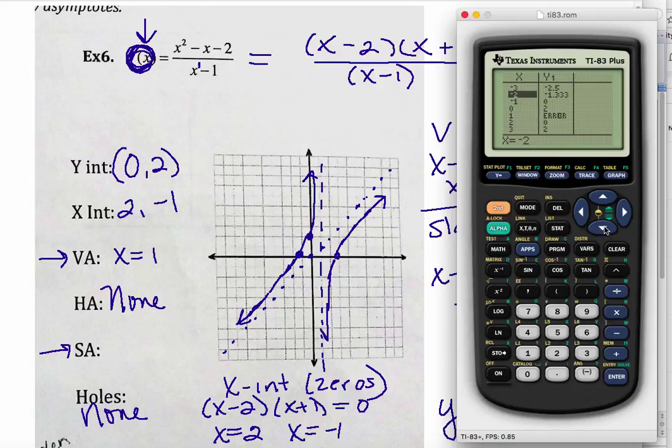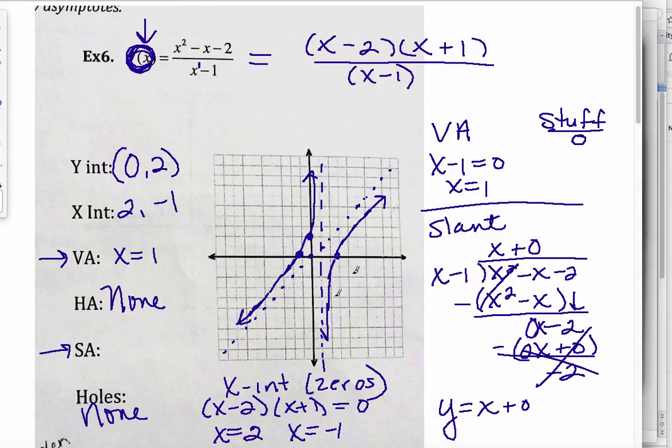When x is, let's do the other side over here, when x is 2, oh, I already have that point. Your y is 0 when x is 3. When x is 3, your y is 2. So it would be like right up here where my arrow is pointing. So that's close enough. You can just get some extra points and plot them if you want to, but this is a good enough sketch for me.